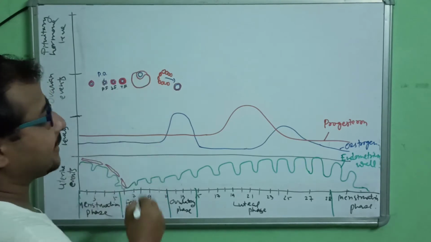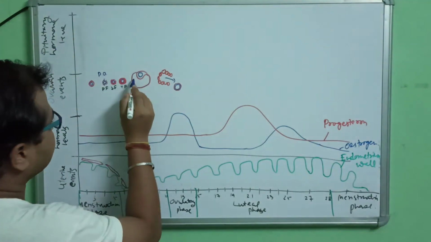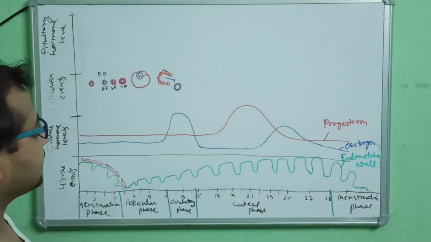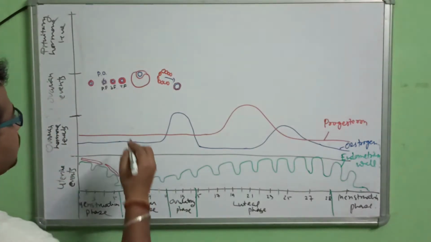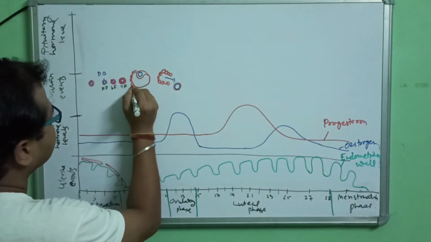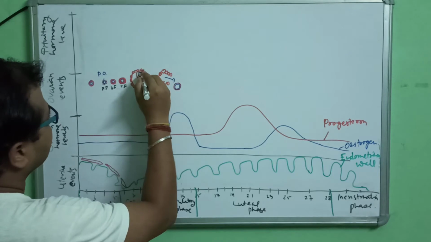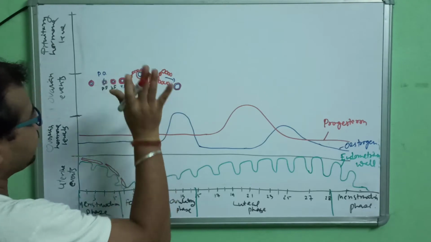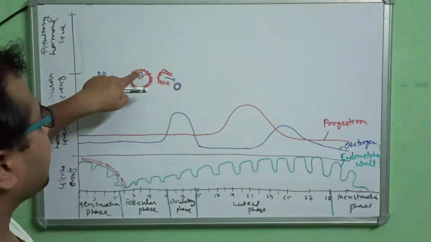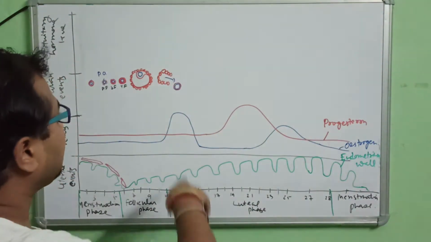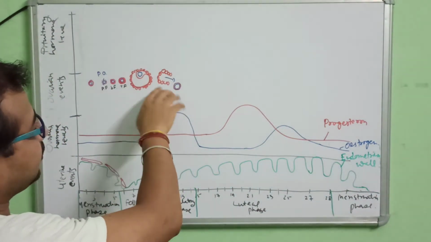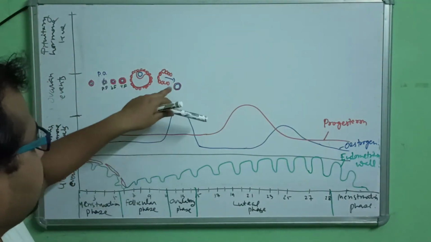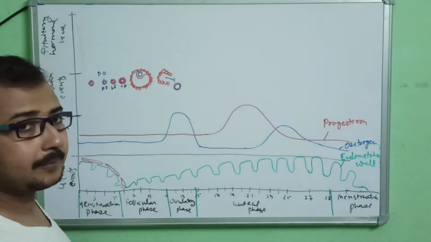This is the secondary oocyte in it, and this free space is the antrum. Clear? I hope it's understood. So the Graafian follicle contains the antrum, the free cavity, and the secondary oocyte, the egg cell. Now it ruptures, and ovulation takes place in the ovulatory stage.